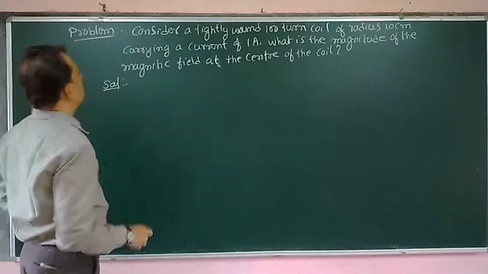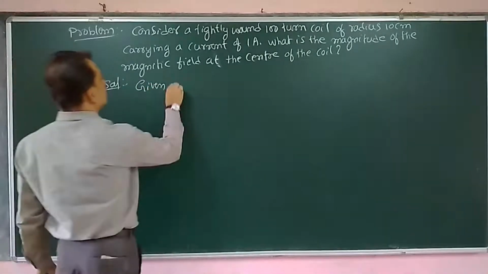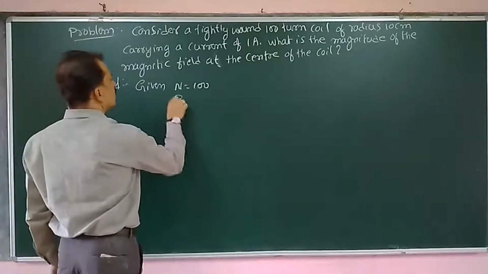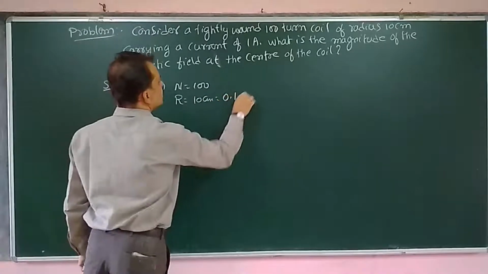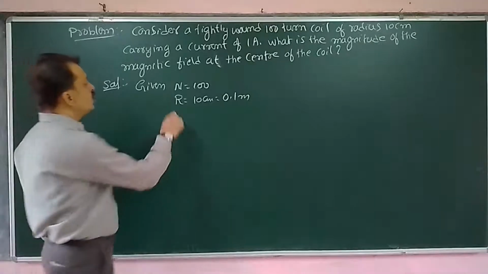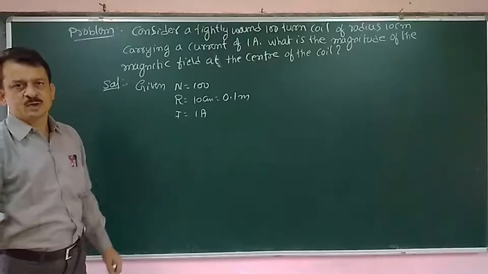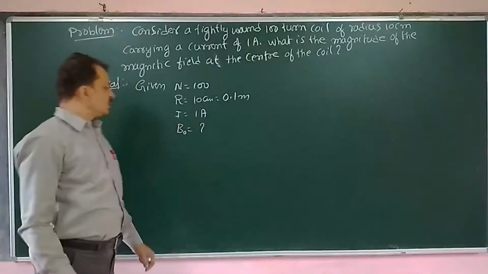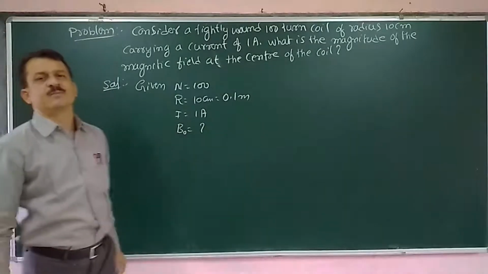Okay. Now, what are the given things here? The number of turns is given, that is 100. The radius of the coil is given, that is 10 centimeter. If I write it in SI unit, it is 0.1 meter. It carries a current of 1 amp. What is the magnitude of the magnetic field? Since they have asked at the center, we write it as B naught.